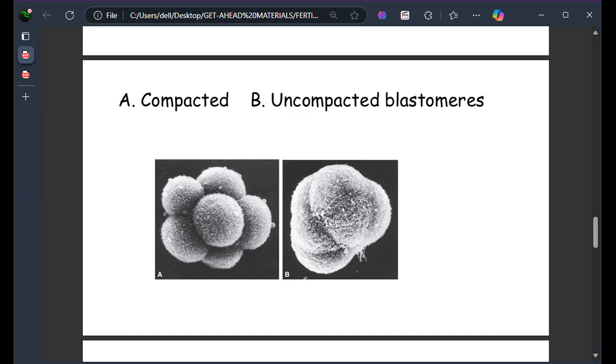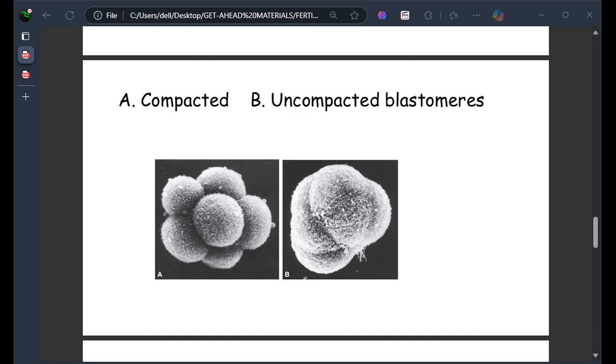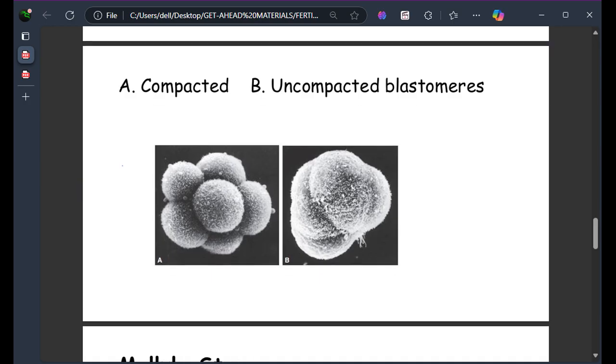The reason it occurs this way is because the divisions are so fast, we don't have enough time for the other cells to be getting enough cytoplasm. So the divisions are happening so fast that the resulting cells are smaller, but they are increasing in number. That's what happens during cleavage.